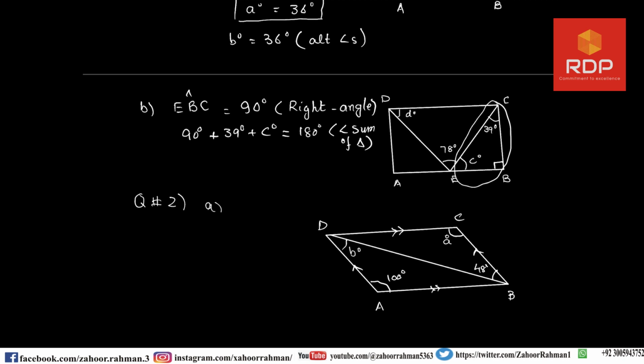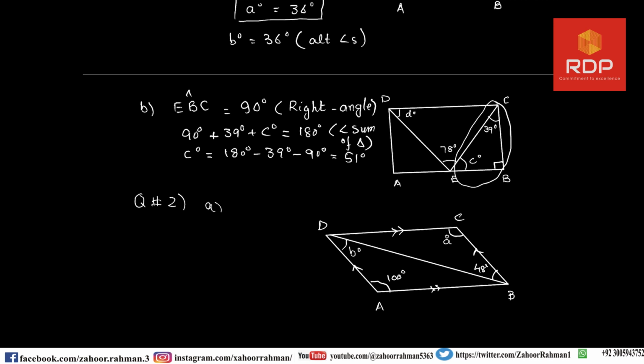So here, ladies and gentlemen, C degree is equal to 180 degree, minus 39 degree, and minus 90 degree, which is equal to 51 degree.